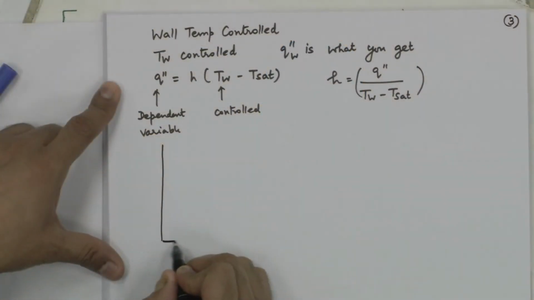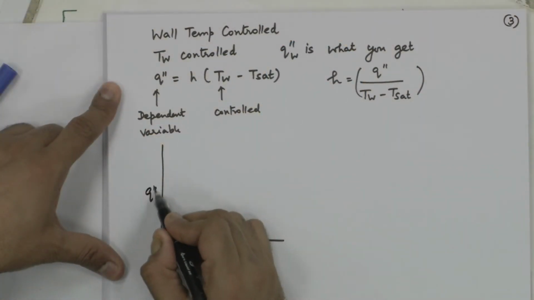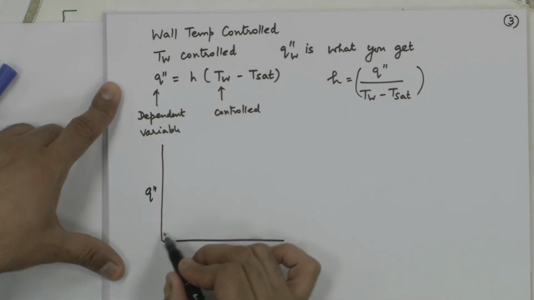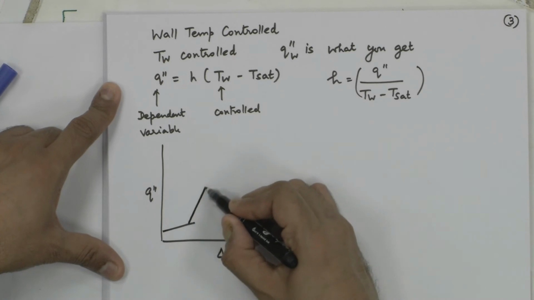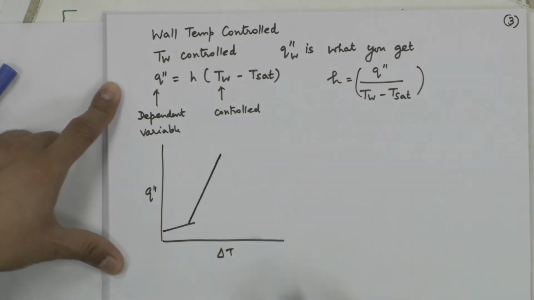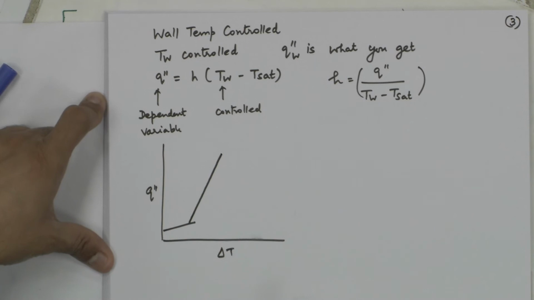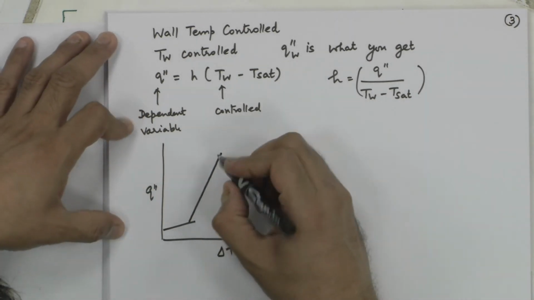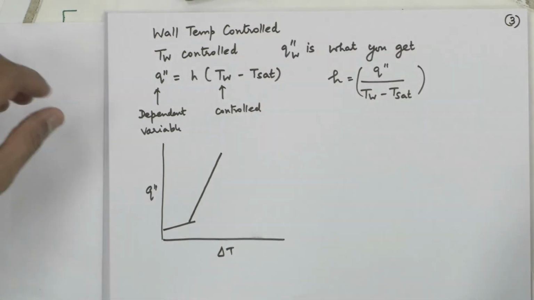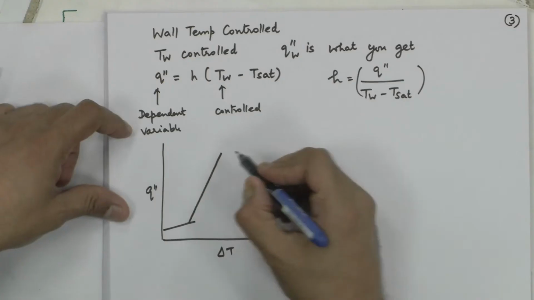When we do this kind of experiment, you would go through exactly the same pattern, which is the boiling curve. You would go through single phase natural convection, saturated partial nucleate boiling, saturated nucleate boiling, and you get to a nice value of the nucleate boiling heat transfer coefficient.